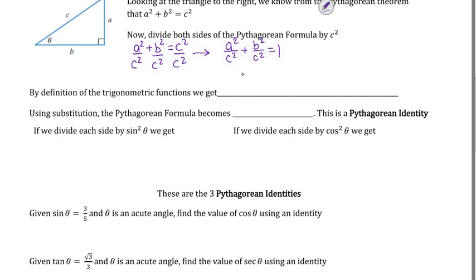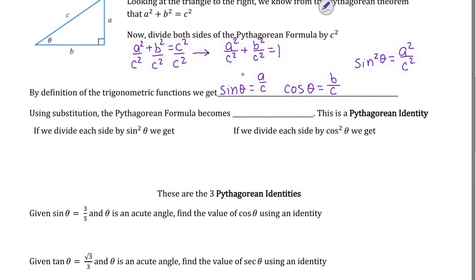Now let's go back to our trigonometric functions. We know that with this setup, with this orientation, sine theta equals a over c, a divided by c, and cosine theta is equal to b divided by c. Now if we square them, that means sine squared theta equals a squared over c squared.